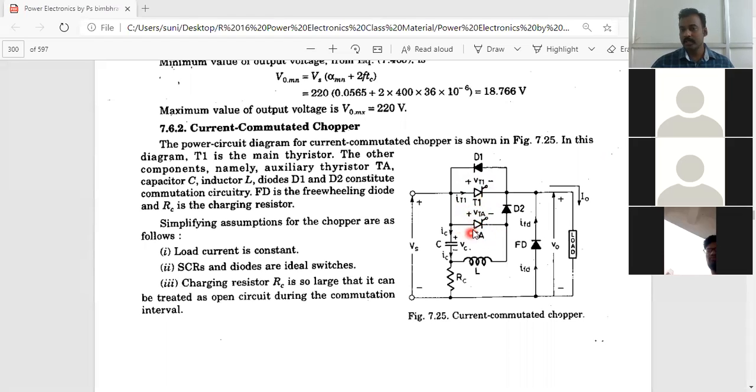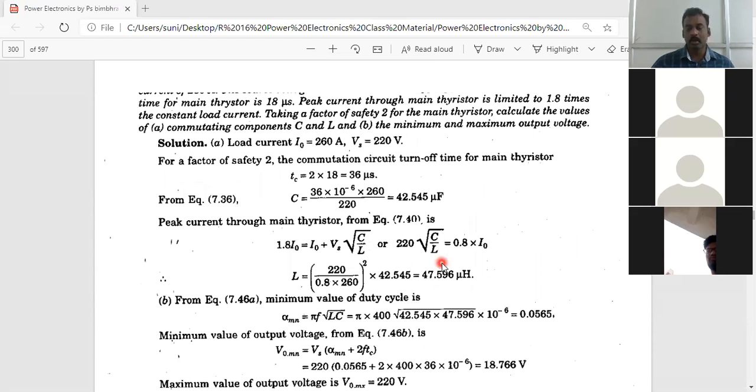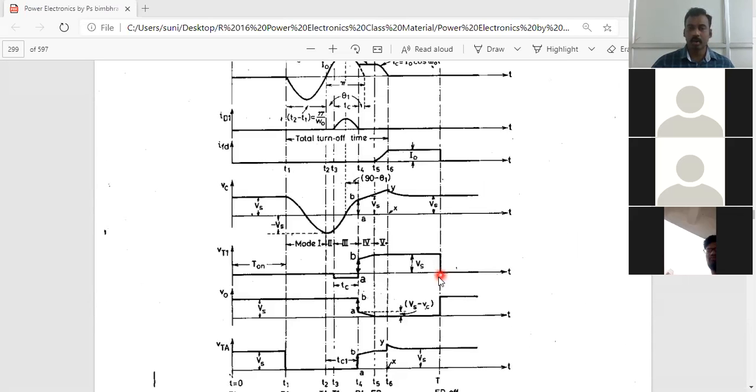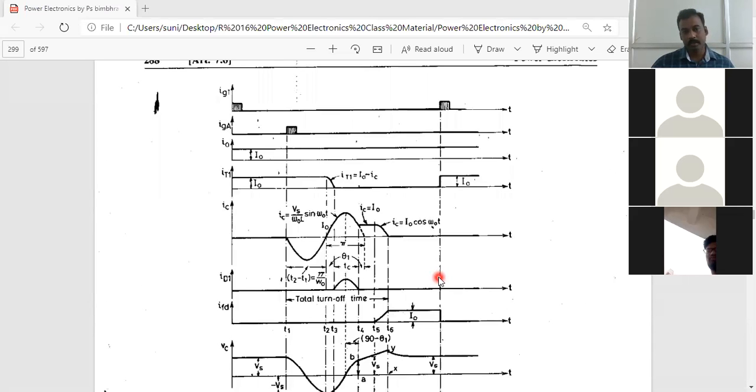Whenever this auxiliary device is turned on, current rushes to the conducting device through the positive, TA, diode. Then immediately the main device is turned off, as the reverse current is rushed onto the device. This is what is considered a current commutated chopper.